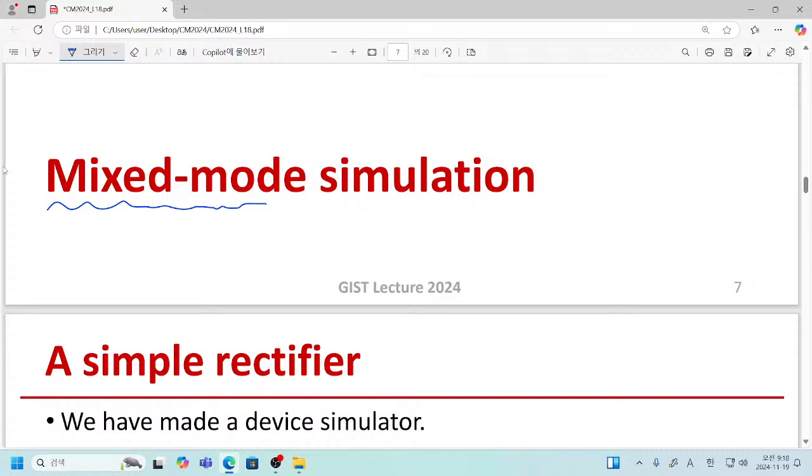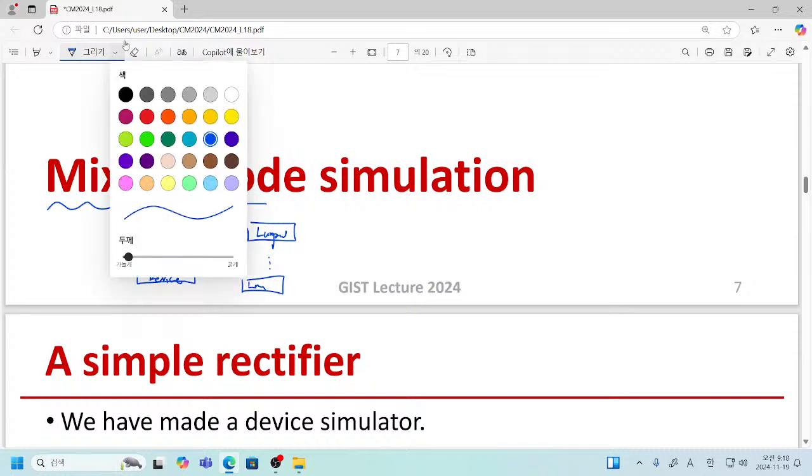In TCAD simulation, when we say mixed mode simulation, it means that we are now solving a system containing devices, multiple or single, and also lumped elements.